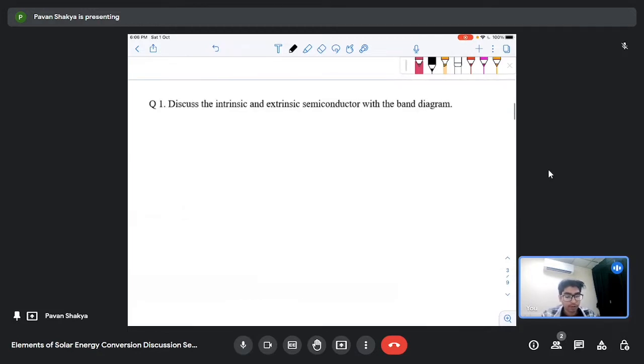The first problem is: discuss the intrinsic and extrinsic semiconductor with the band diagram. So first I will discuss the intrinsic semiconductor.